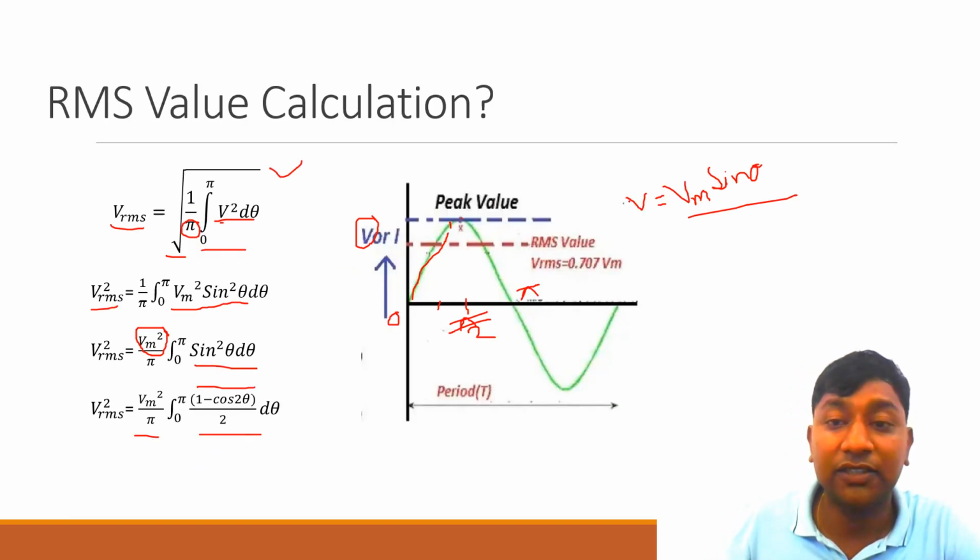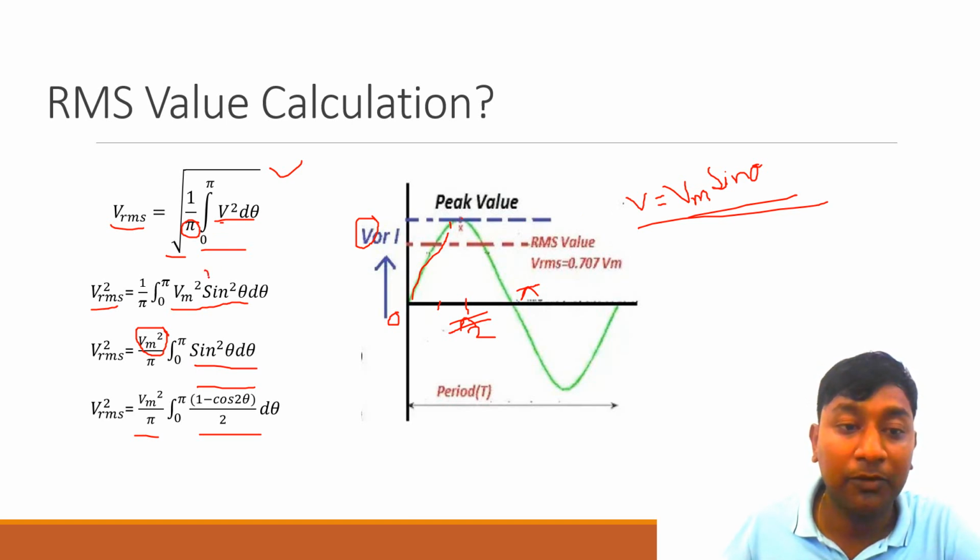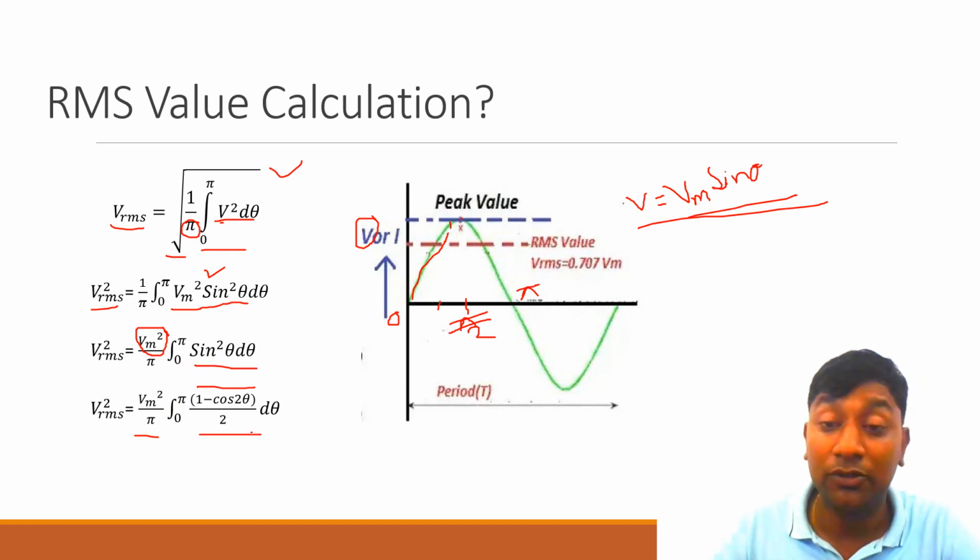Here we first consider B equal to Bm sin theta. Putting the value, B square is Bm square sin square theta. Bm square we keep outside, so we get integral 0 to pi sin square theta d theta. Now B square RMS equals Bm square by pi, integral 0 to pi, with sin square theta written as (1 minus cos 2 theta) by 2.